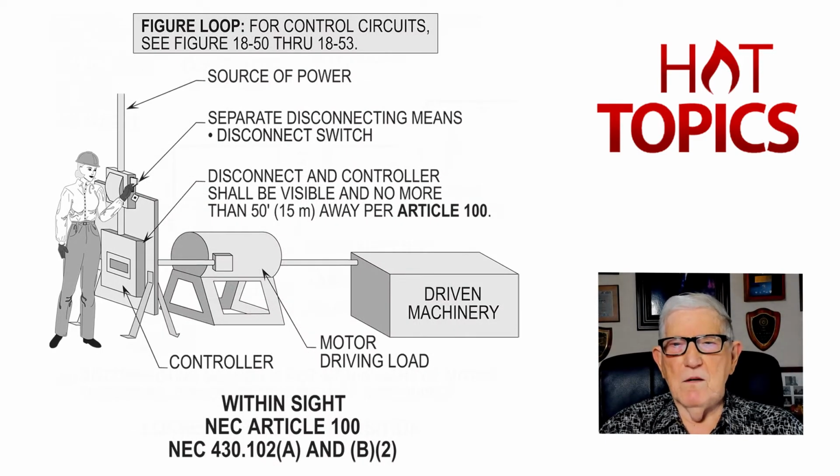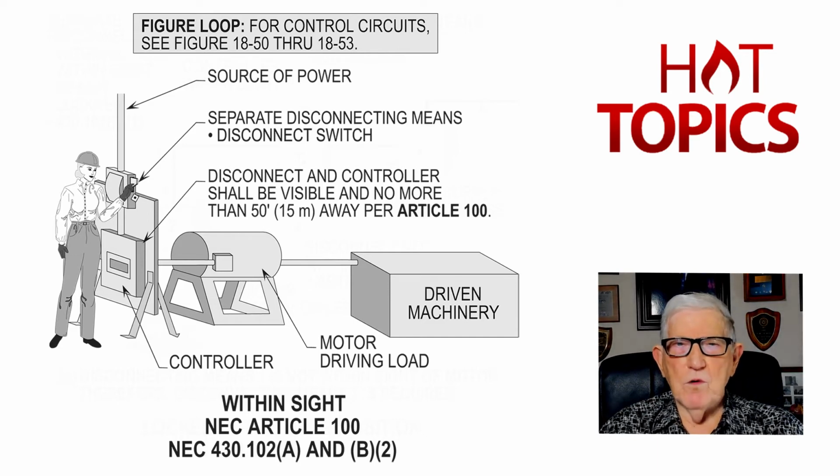And basically what we're looking at here is the requirement for the disconnect to be within sight of the controller first. And that's 50 foot or less, route of travel, in accordance with Article 100 of the NEC. And then 430.102A and B2 requires the driven machinery to also be within 50 foot bird's eye view, route of travel.